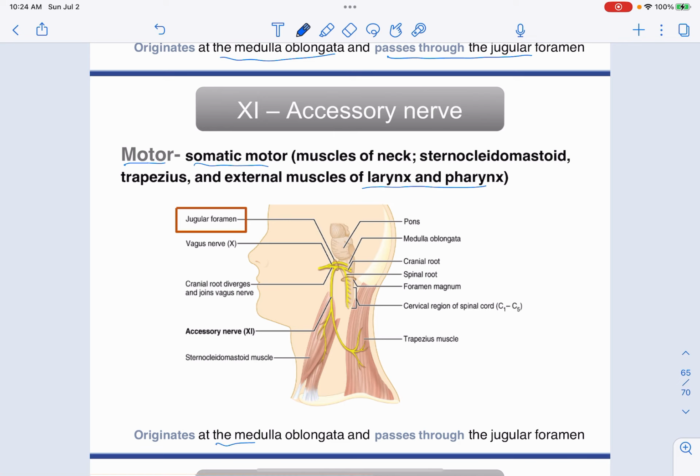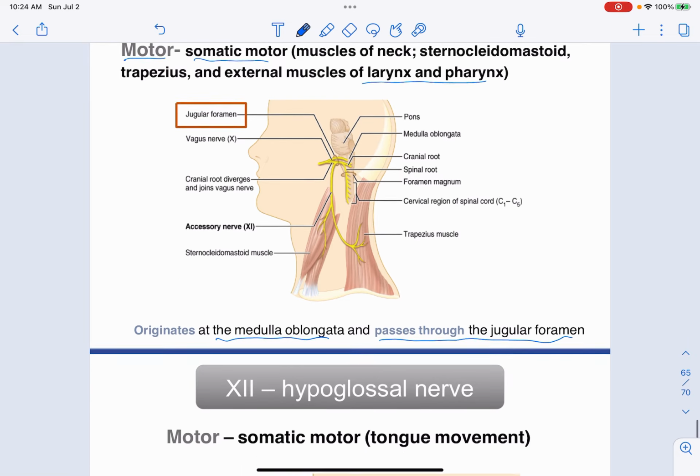This nerve originates in the medulla oblongata, and it also passes through the jugular foramen, right? Because if it has to leave the skull, it needs to pass through one of these foramens to head down to some of these muscles.